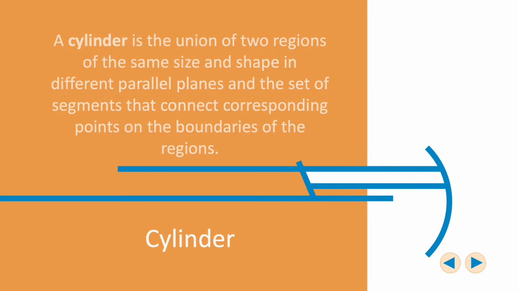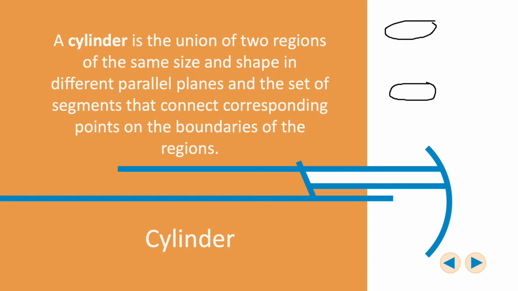Next word that we have is a cylinder. A cylinder is the union of two regions of the same size and shape in different parallel planes. Okay, so now I'm going to go ahead and make the cylinder that you imagine.